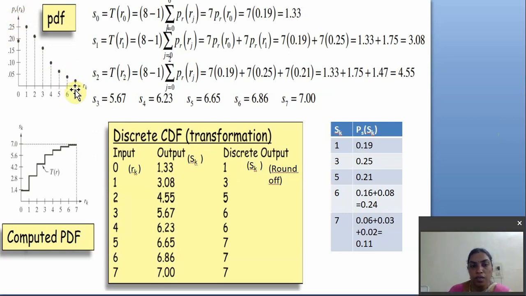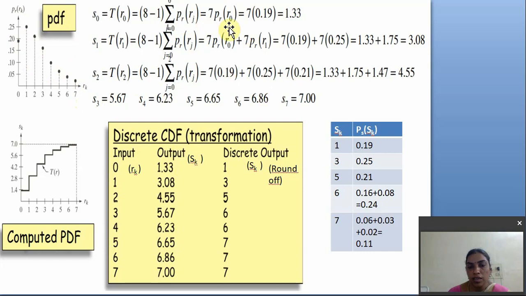After establishing this histogram, there are two methods: one is Nk versus Rk, the other is PR of Rk versus Rk. Here I have shown PR of Rk versus Rk. You just draw the graph for Nk versus Rk also. Now coming to the calculation.